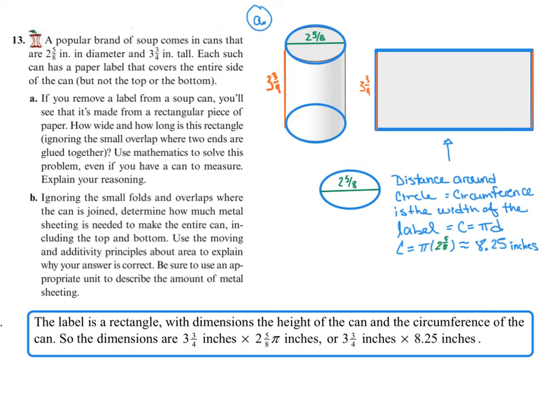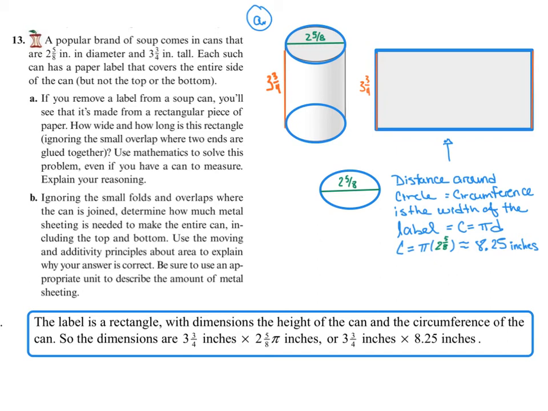So to find that, we use the circumference formula, which is equal to pi times diameter. So 2 5/8 inches times pi will give us approximately 8.25 inches. So that would be the dimension of this guy right here. It would be 3 3/4 inches by 8.25 inches, which I've written down here. You could have also left it in terms of pi.